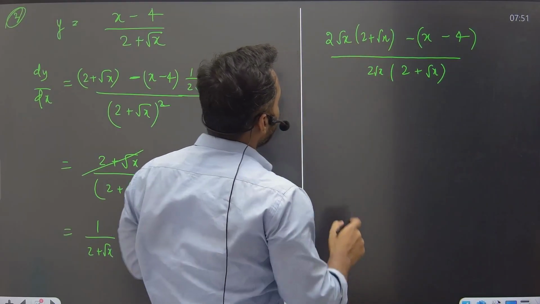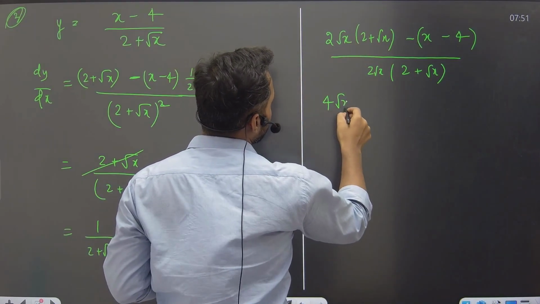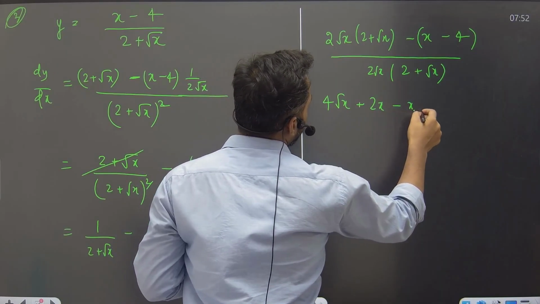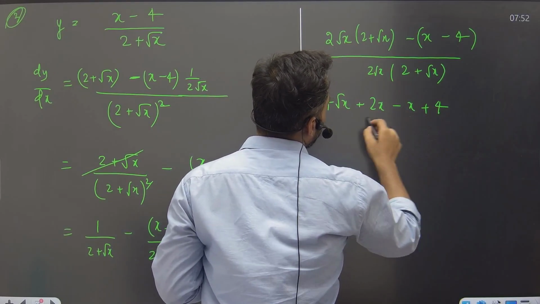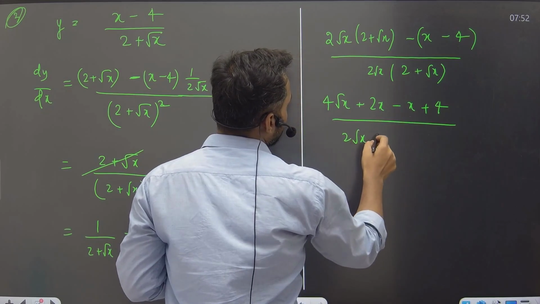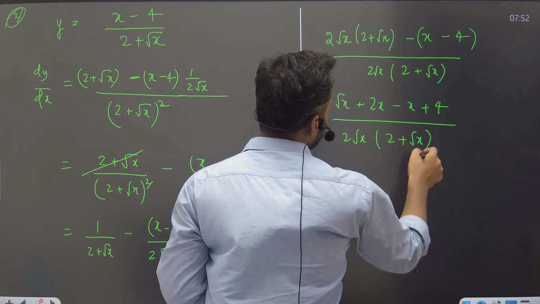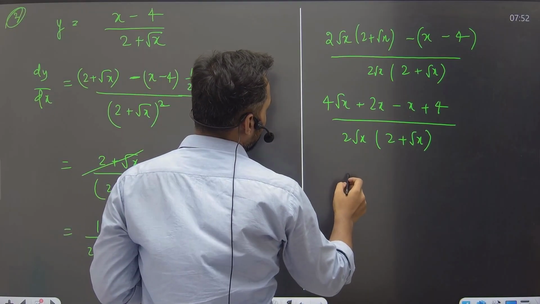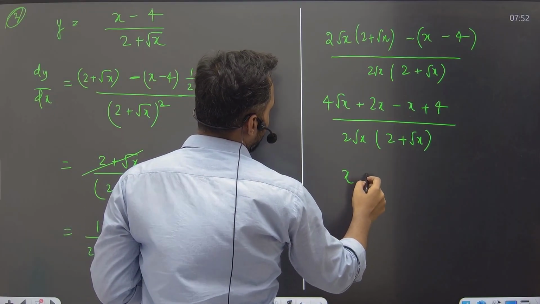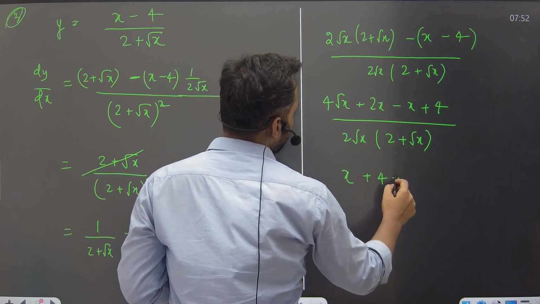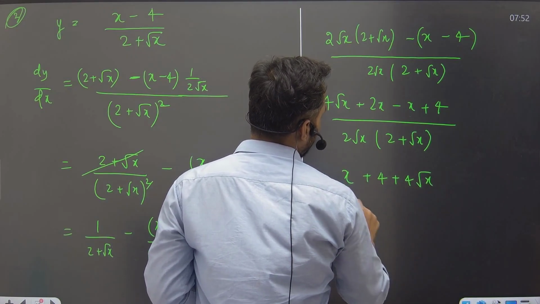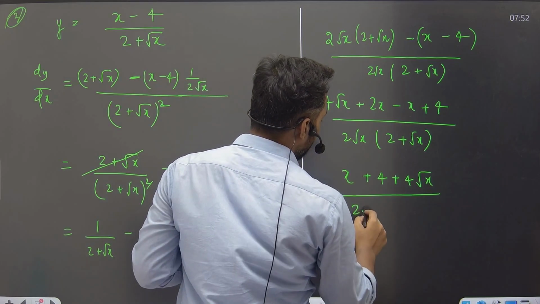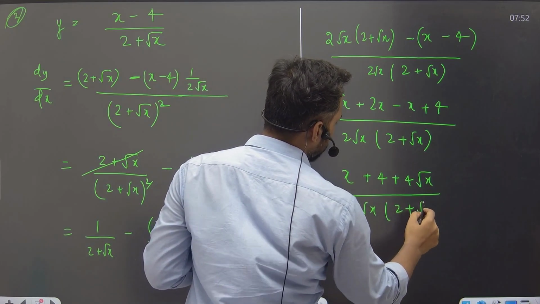Upon opening the bracket, what we get: 4 root x plus 2x minus x plus 4, upon 2 root x into (2 plus root x) whole square. So what we are getting here, students, is (x plus 4 root x plus 4) upon 2 root x into (2 plus root x) whole square.